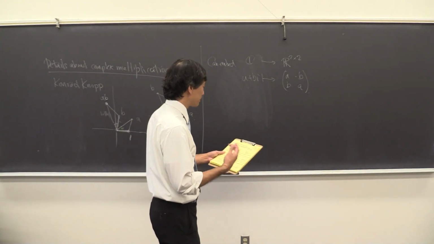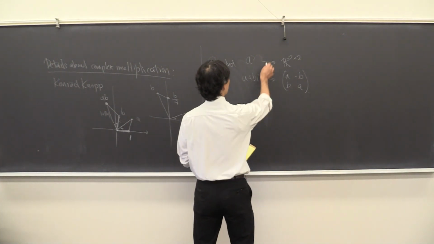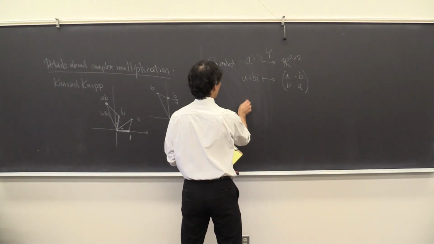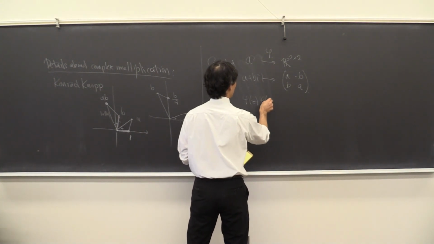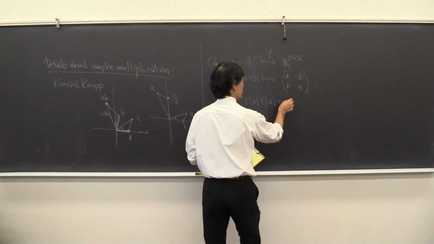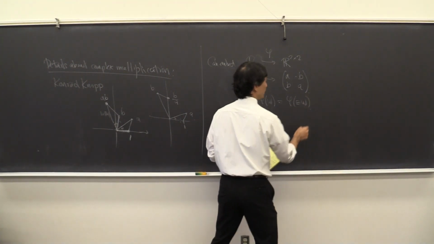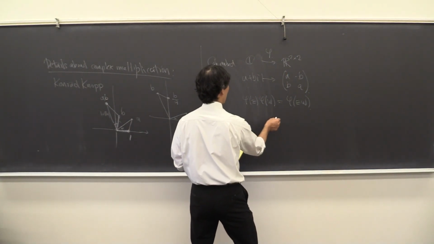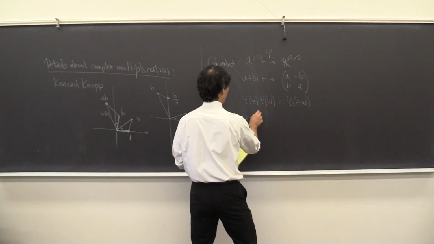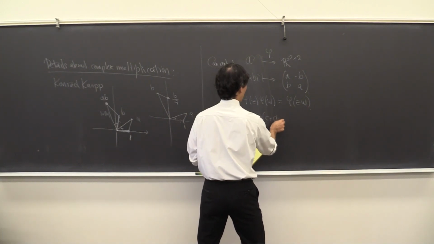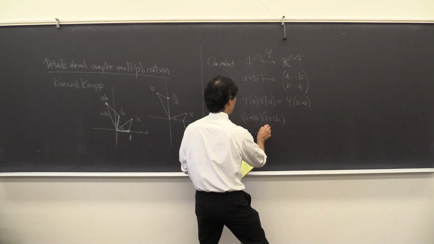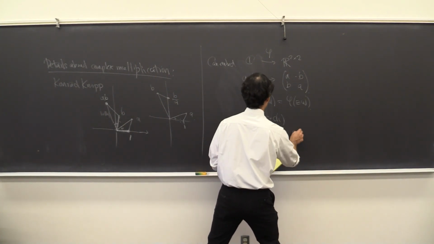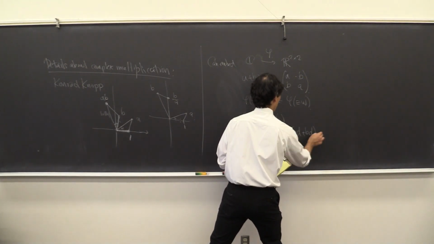Okay. So the thing to notice is that if we call this map phi, then phi of z times phi of w is the same thing as phi of zw. If you work this out, if you think about multiplication, a plus bi times c plus di, of course that's going to be ac minus bd plus (ad plus bc)i.